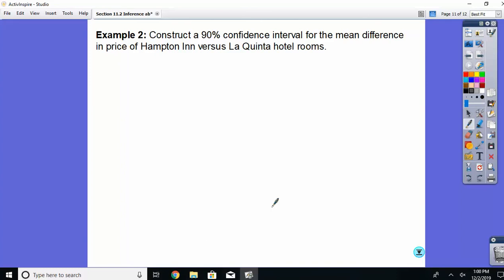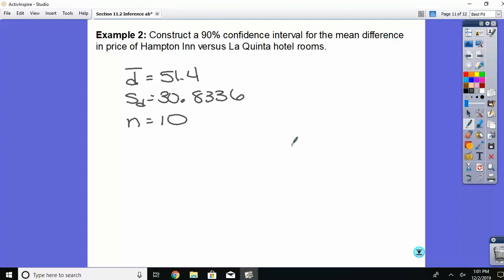So if we go back to those one variable statistics that we calculated, on my one variable stats, X bar, that's our difference, was 51.4. The standard deviation of our difference was 30.8336. Our n is 10.